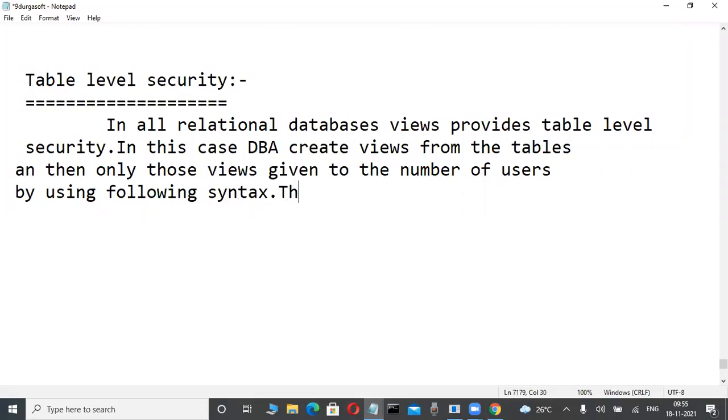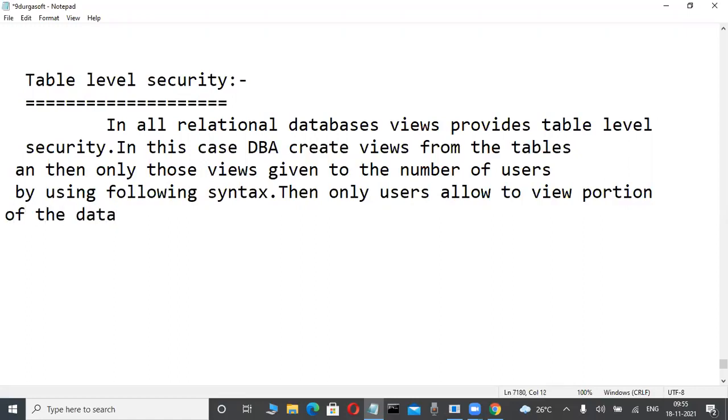Then only users are allowed to view a portion of the data from the database.